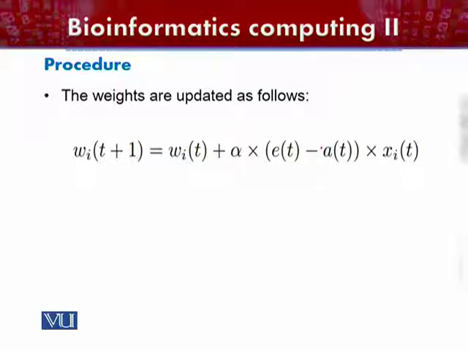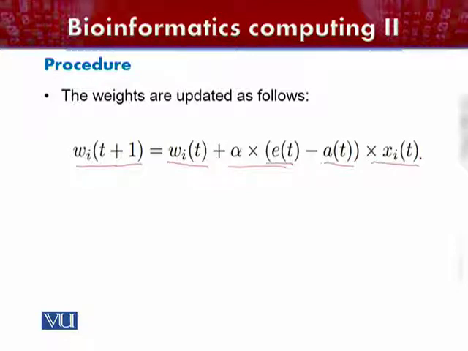So the weights are updated according to the following equation: w_i(t+1) = w_i(t) + alpha × (e(t) − a(t)) × x_i(t).